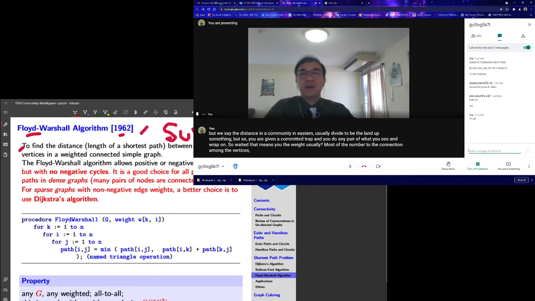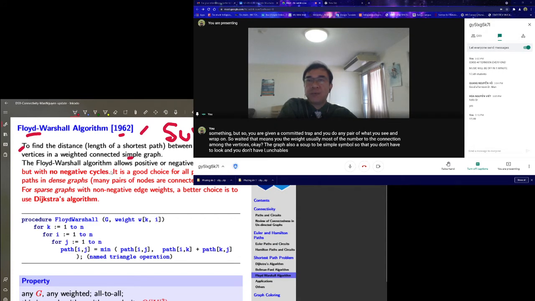The graph is also assumed to be simple, so you don't have loops and you don't have multiple edges. Then the Floyd-Warshall algorithm finds the distance, the length of the shortest path between any pair of vertices.